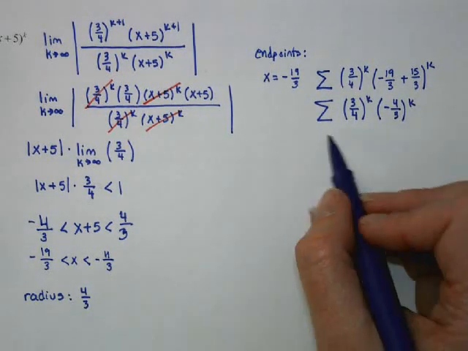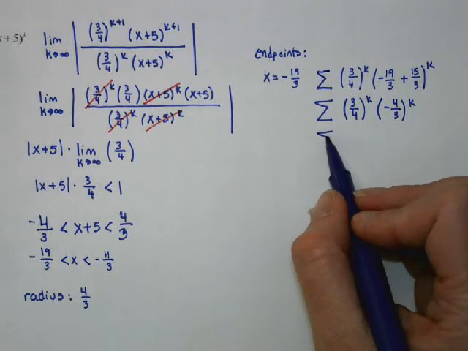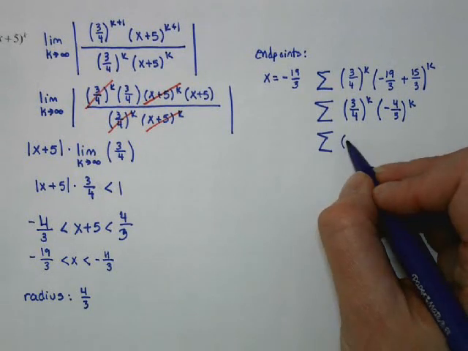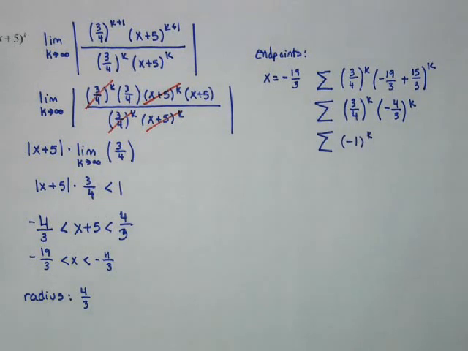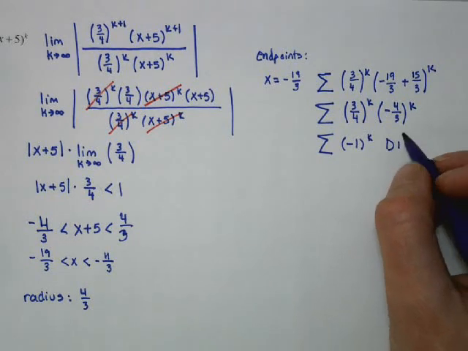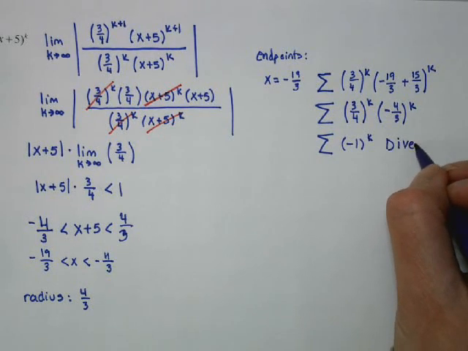Well, since these have the same exponent, I can multiply the bases. So 3/4 times −4/3 is −1. (−1)^k diverges. It just keeps bouncing between 1 and −1.